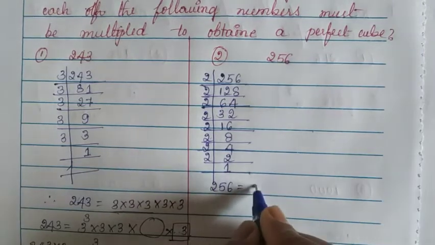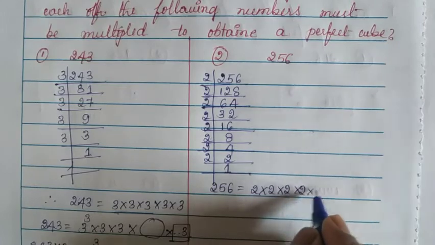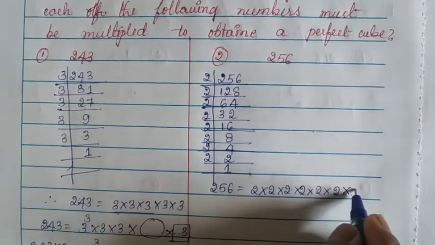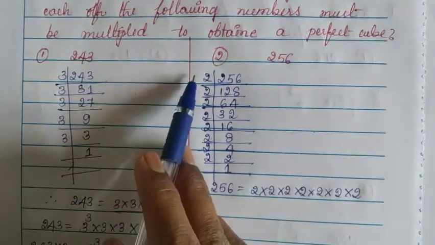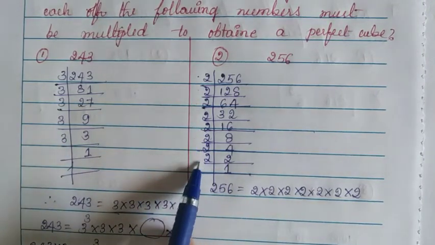256 is equal to 2 into 2 into 2 into 2 into 2 into 2 into 2 into 2. Now let us find how many 2s are there here. 1, 2, 3, 4, 5, 6, 7, 8.